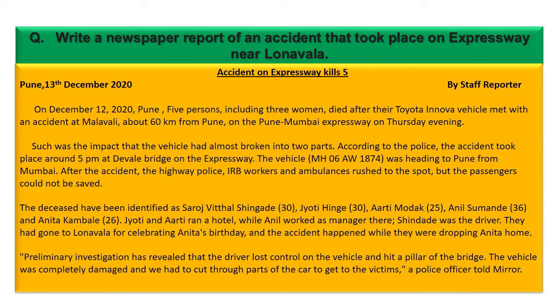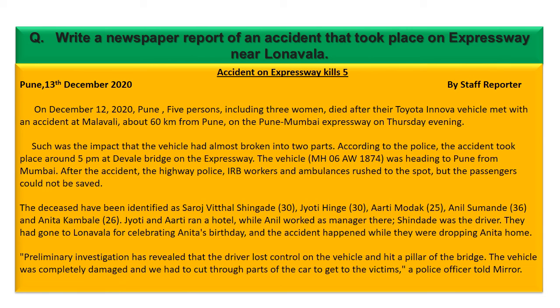An example of a report: the question is, write a newspaper report of an accident that took place on an expressway near Lonavala. So how do you write? You need to see the title coming here, a catchy title: accident on expressway kills five. The date is given here, and you can see the format of writing the date: Pune, 13th December 2020.